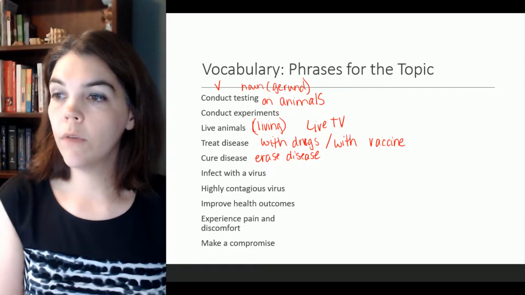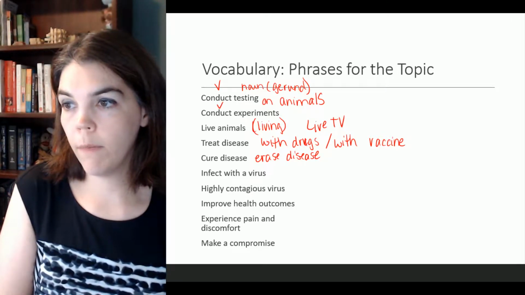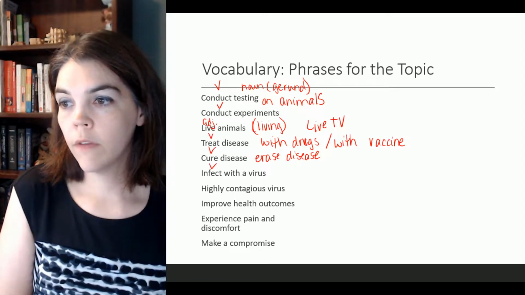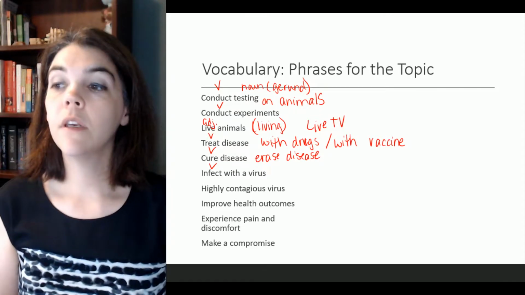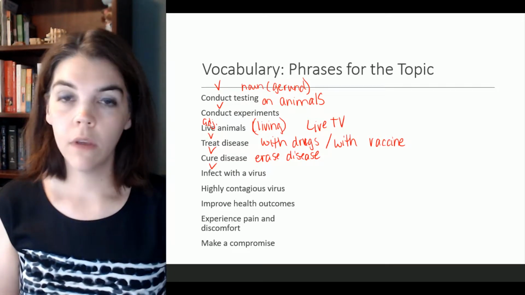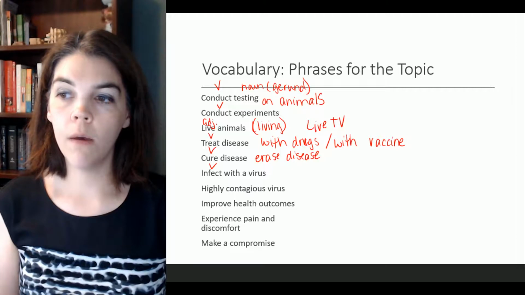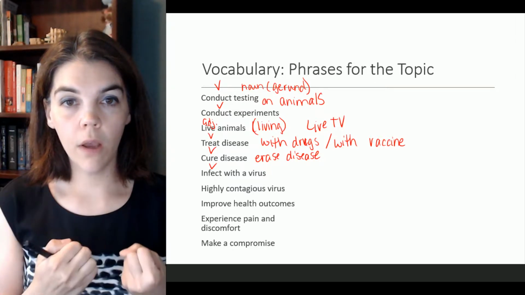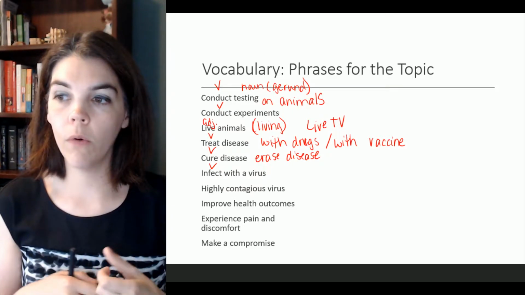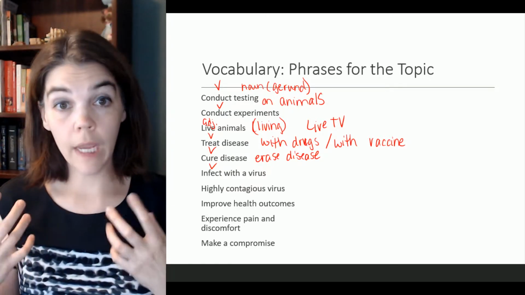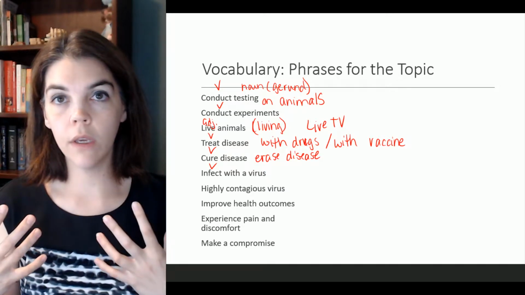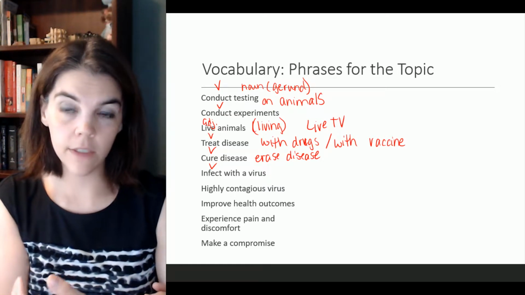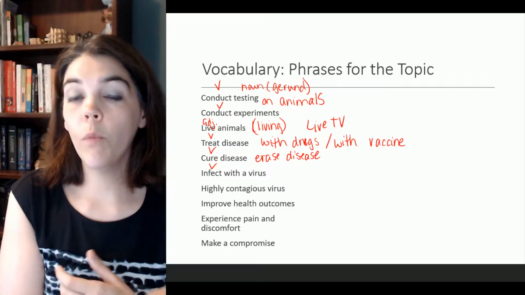All right, so far we have a bunch of, this is an adjective. We have some verbs. This is also a verb, infect. Infect with a virus. So this means to cause something to get a virus. In animal testing, usually if a virus is involved, the scientists will infect the animal with a virus.